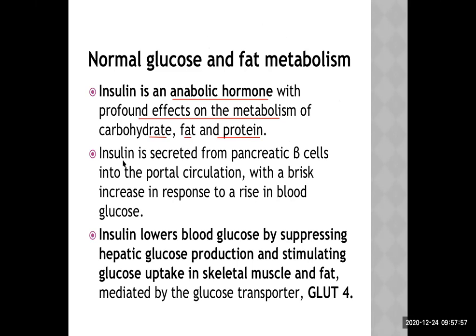Now let's move on. Insulin is secreted from the pancreatic beta cell into the portal circulation with a brisk increase in response to a rise in blood glucose. So glucose is the most important stimulation for insulin release. Even protein can lead to insulin release sometimes, but glucose is always the best one.